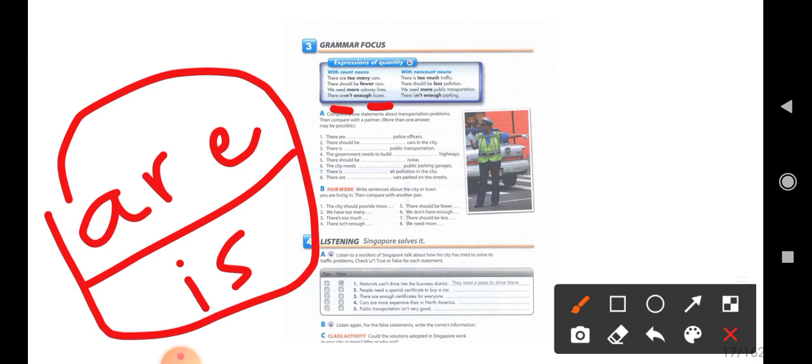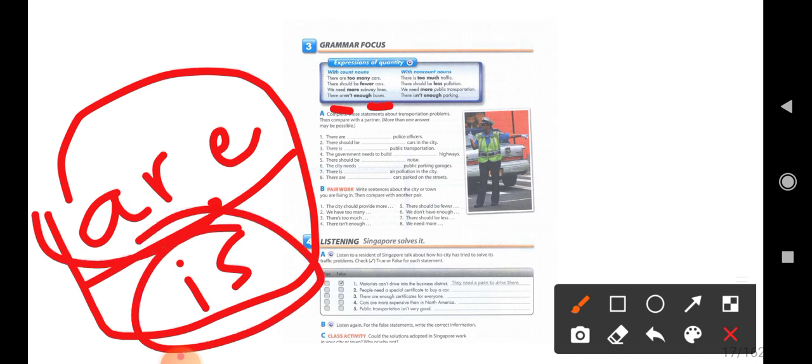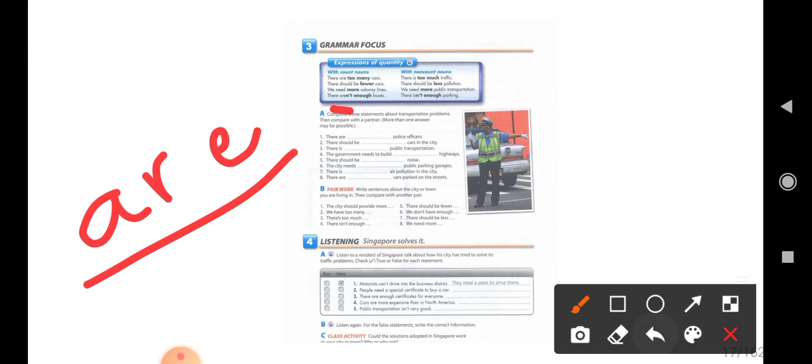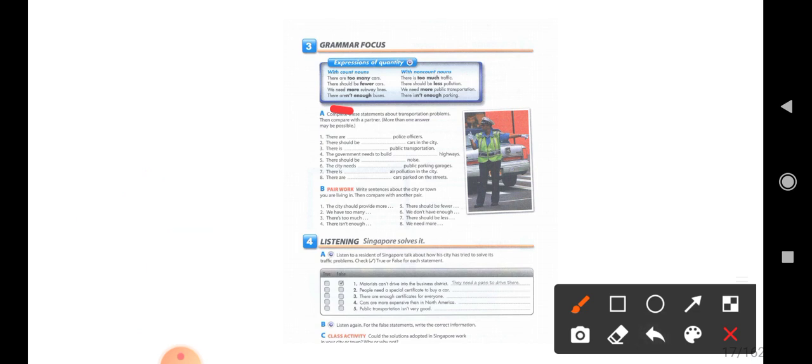For example, we can say bus and we use is. If we use buses in plural, we use are. But with non-count nouns, we can't use are because non-count nouns don't accept the plural form. They are never in plural. For example, parking. It's always in singular. That's why we always use is or isn't.